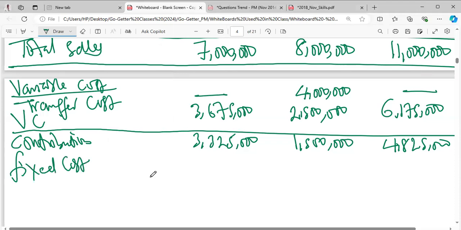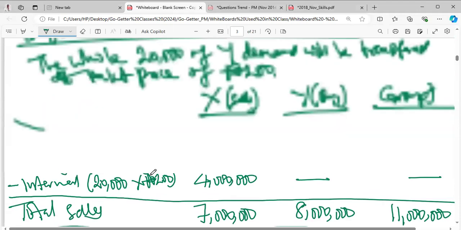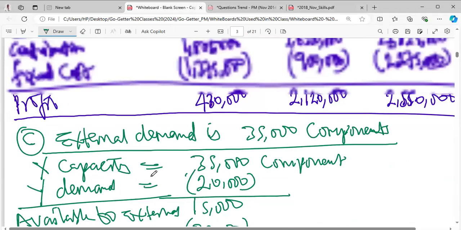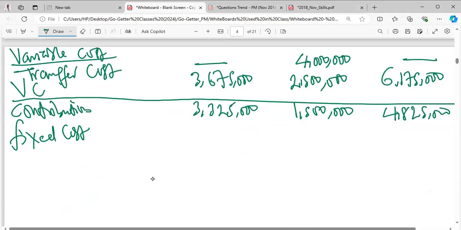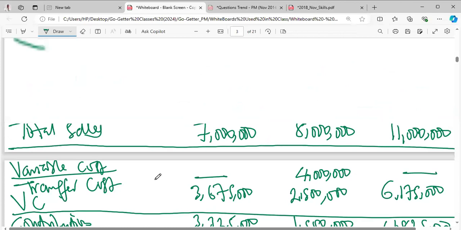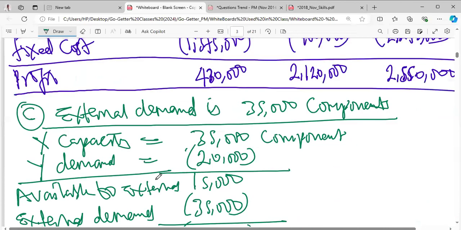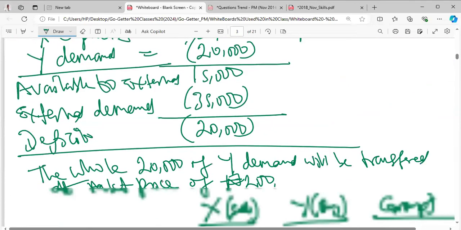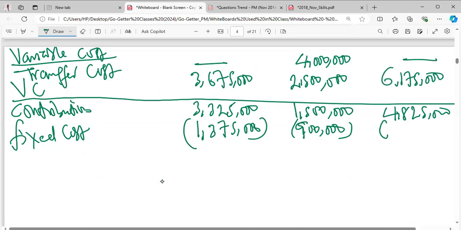Fixed costs, let's get it from them. This one is 1,375,000. This is 900,000. The total will give us 2,275,000.